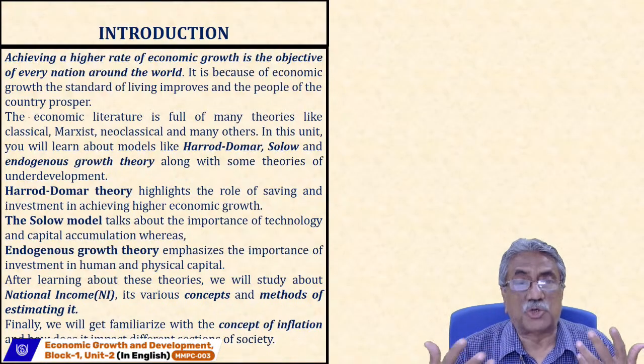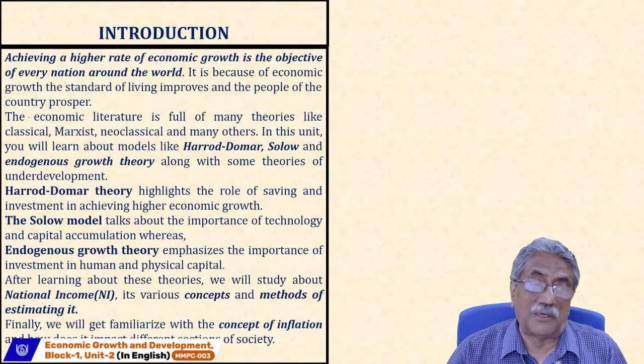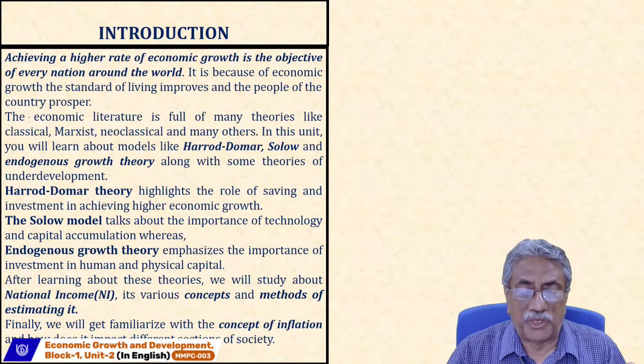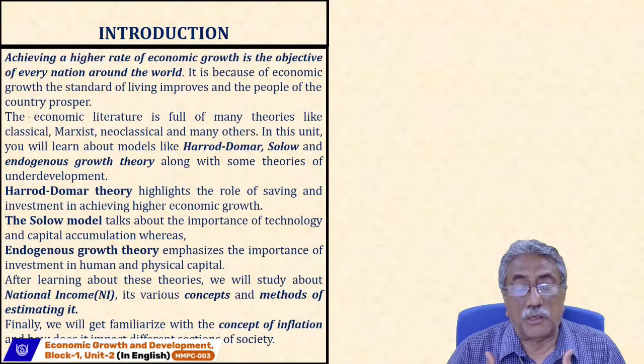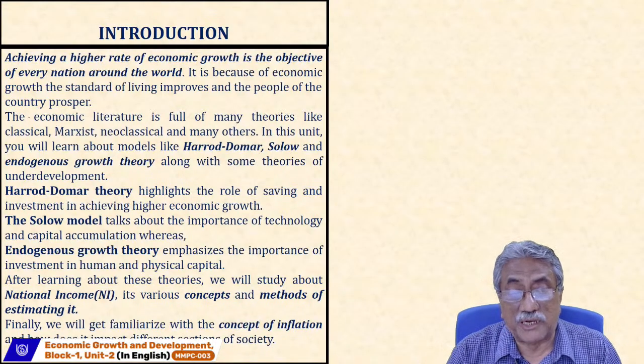And as you have seen, the software-led growth of Bangalore city or Hyderabad is mainly growth through the new generation economy, which is software, biotechnology, or now AI, etc. So these are the key theories we will be learning, along with some other theories of underdevelopment. After learning about these theories, we will go on to study national income.